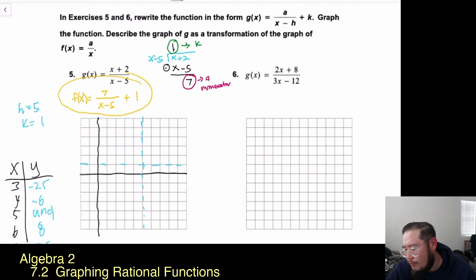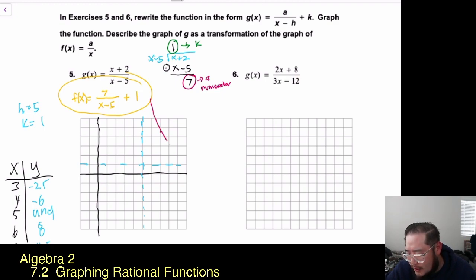Probably should have put it up higher, but it's okay. 1, 2, 3, 4, 5, 6, 7, 8. Somewhere up there. At 7, we're at 4.5. So there's our function looking something like that.